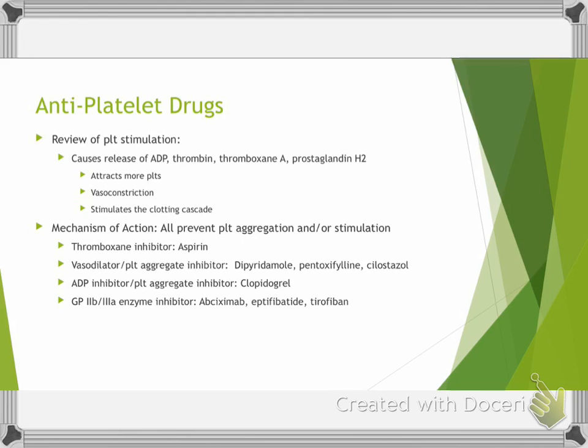Okay, remember that platelets go to the site of injury and they release ADP, prothrombin, thromboxane A, and prostaglandin, okay, which causes these things to happen. So it attracts more platelets, causes vasoconstriction, stimulates the clotting cascade, the intrinsic pathway, remember.